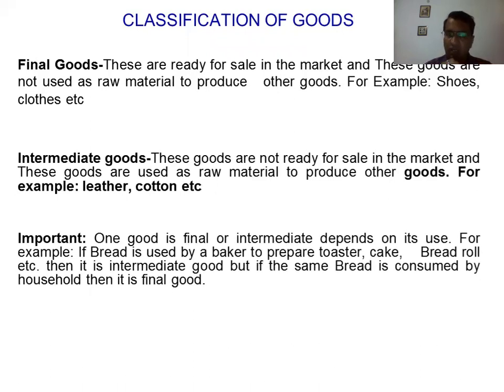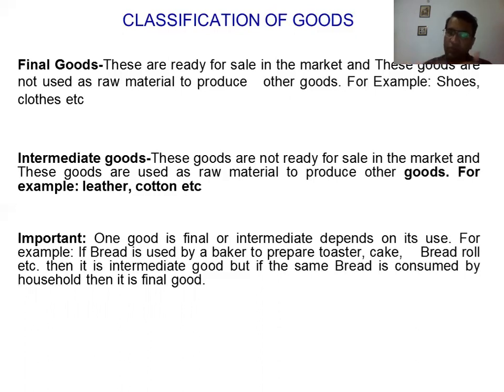One important thing here is that one good may be final or intermediate, depending on the use. Sometimes it may be a final good or sometimes it may be an intermediate good. Like bread used by the baker to prepare toast or cake, that is an intermediate good. But if the same bread is consumed by the household, then it is a final good. The bread used by the baker to prepare toast and cake is intermediate for them because they add some value to it.